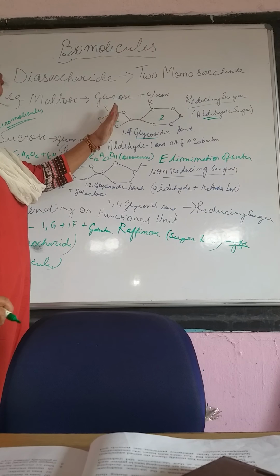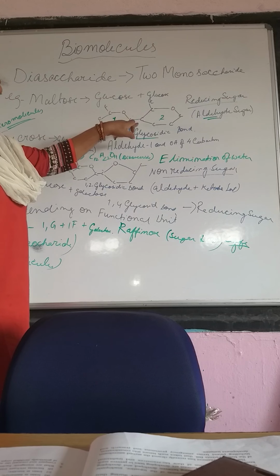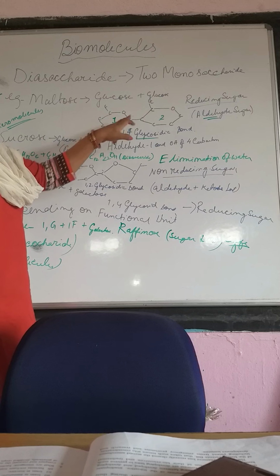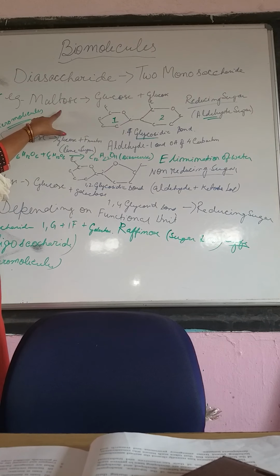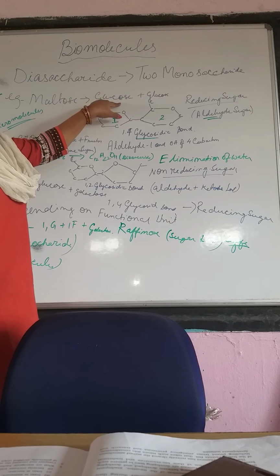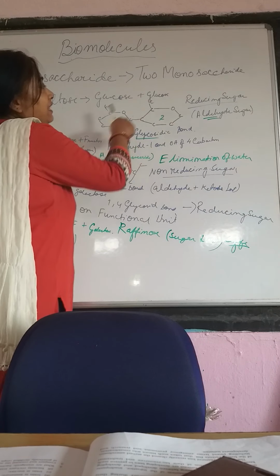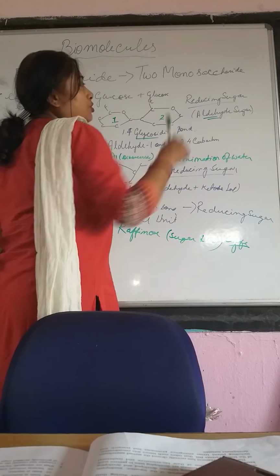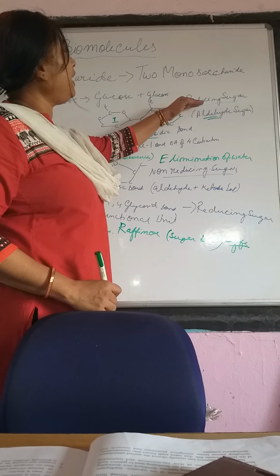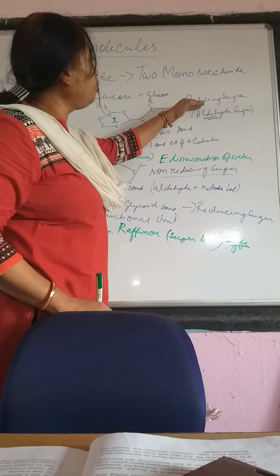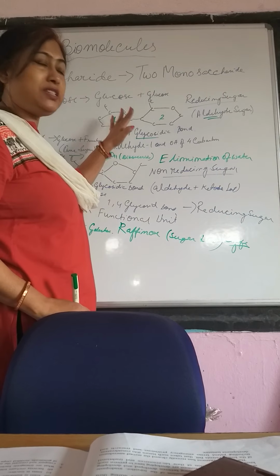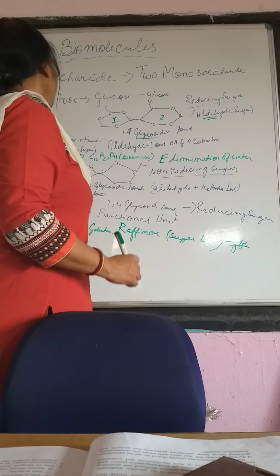In maltose, made of glucose and glucose, we have a 1,4 glycosidic bond and hence it is still a reducing sugar. If it retains the aldehyde group, we call it a reducing sugar.